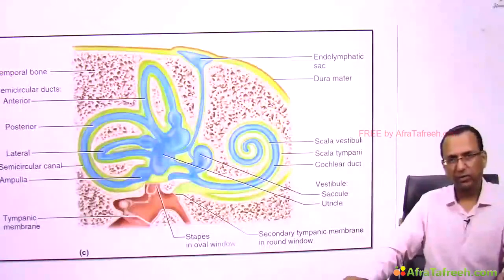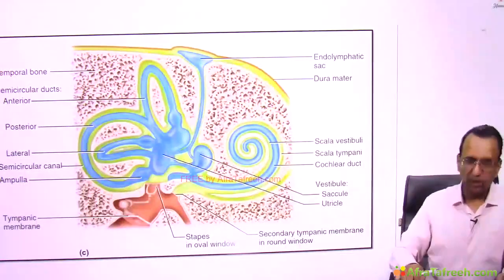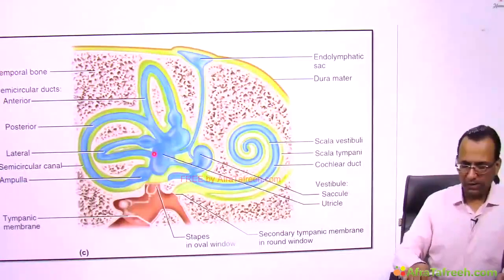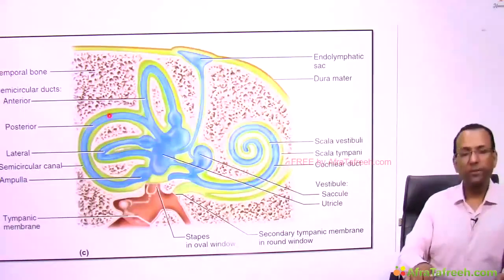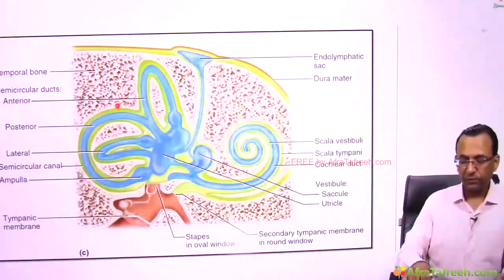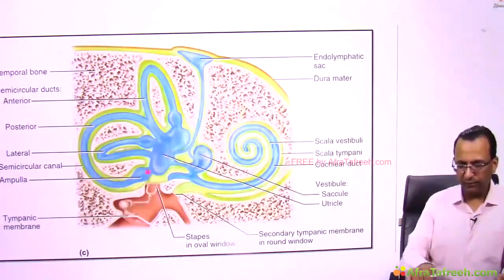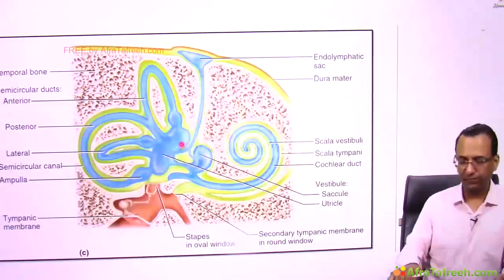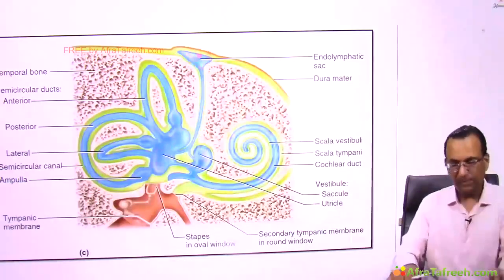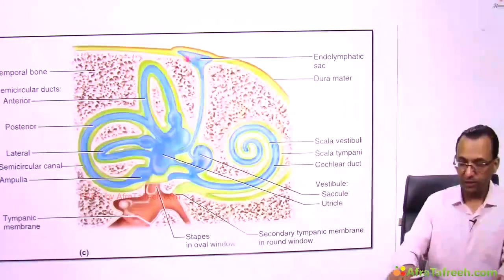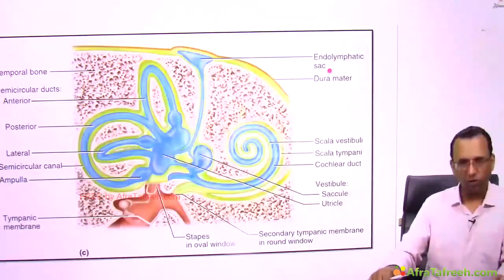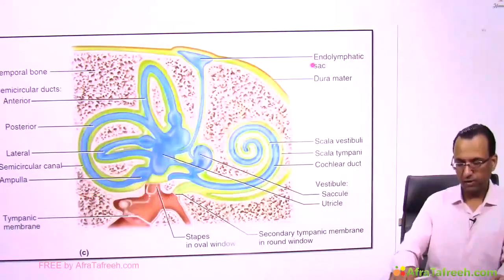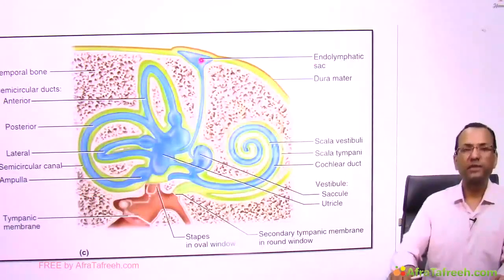Let us look at this diagram then. What is inside? Endolymph. And what is outside? Perilymph. You have to understand that endolymph is just like CSF, so it is going to mix with the CSF, where the endolymphatic sac can store the endolymph and can also send it towards the CSF circulation.